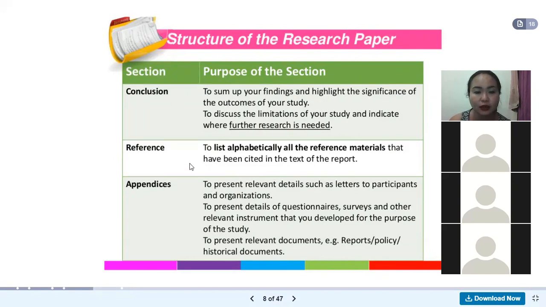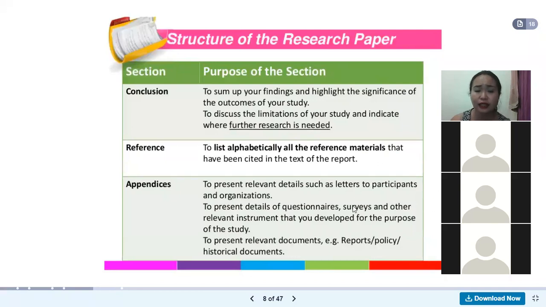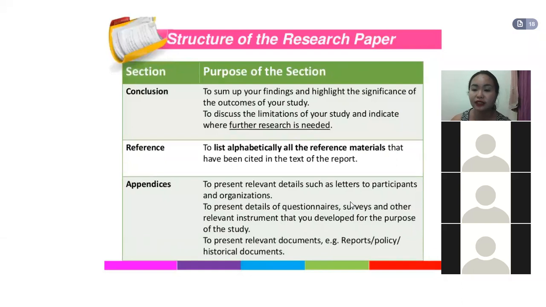All authors or references that you have cited in the text must be on your list of references at the back, and vice versa. It can't be that it's in your list of references but you never mentioned it in your text. So that's vice versa.